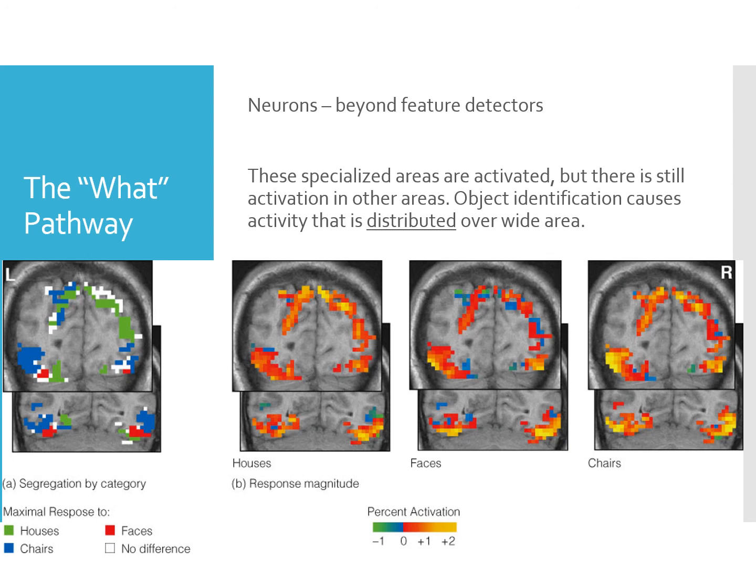So what the left is showing is the maximal response, as you remember, we're doing that subtraction logic, where I'm responding to other objects and subtracting that out from faces.